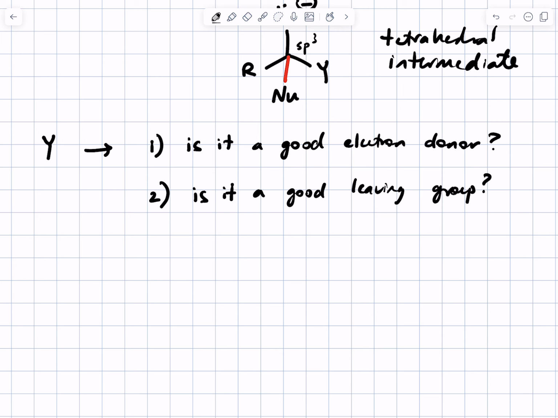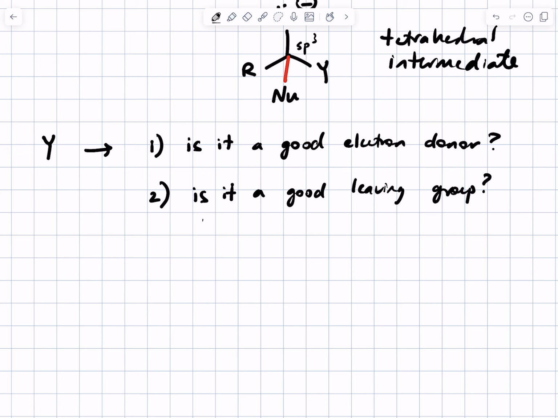In 351, you learned all about good leaving groups. You learned in the acid-base chapter that good leaving groups are conjugate bases of strong acids. So your pKa intuition is going to continue to be important in this class. So let's talk about what makes something a good electron donor and what makes something a good leaving group.